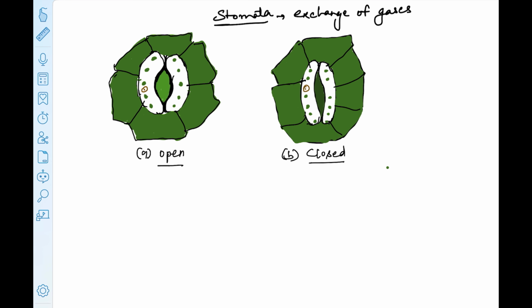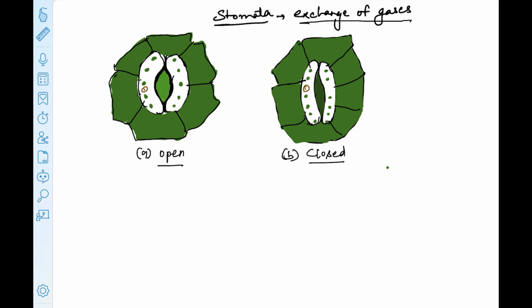Now, the next question arises, how carbon dioxide gets in and oxygen gets out. So, plants have a special structure known as stomata that helps in the exchange of gases. Okay. Stomata are tiny pores present on the surface of leaves.